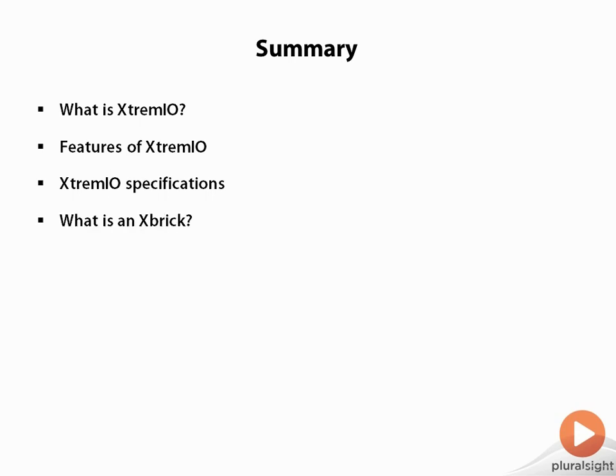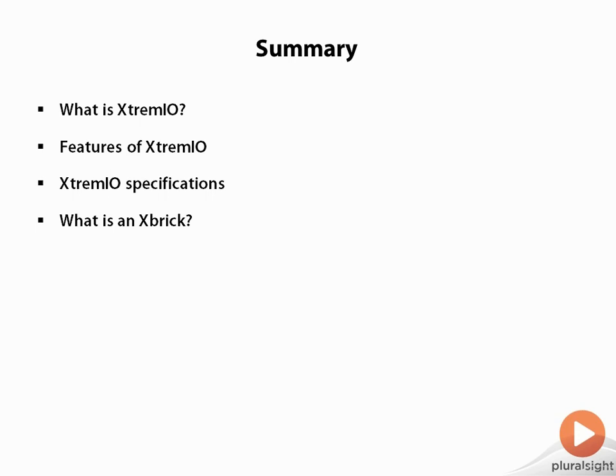Then we got into actually what is an X-Brick. So if you remember, each brick is two 1U controllers, which are basically 1U Intel servers with a total of two 8 gig Fibre Channel ports and two 10 gig iSCSI ports. So each brick gives you 4 and 4.